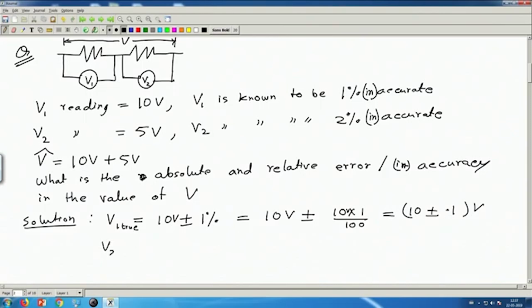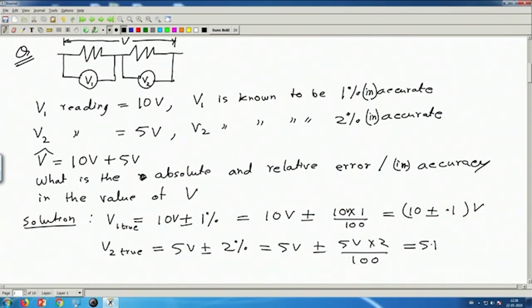Similarly, V2 true will be 5 volt plus minus 2%. Okay, so this will be 5 volt plus minus 2% of 5. So this will be 5 plus minus, this is 0.1 once again.